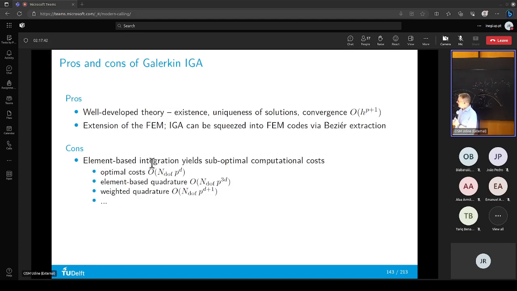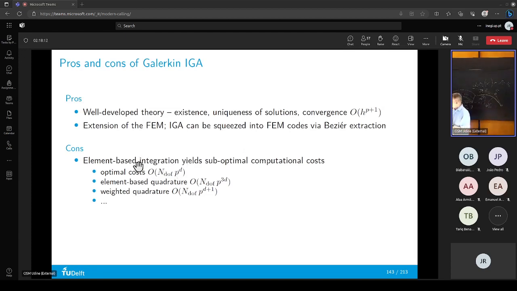These are some rough estimates. Approximately, P here is again, sorry for abusing notation, the polynomial order, and D is the spatial dimension. So it grows with polynomial order to the 1, 2 or 3, if we're in 1 to 3D, times the number of nodes.